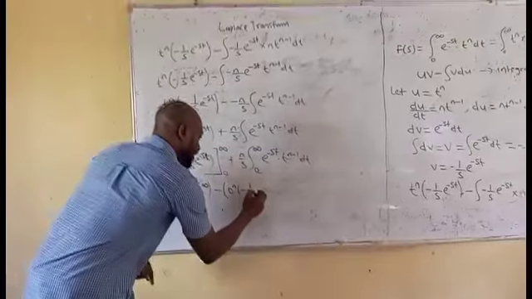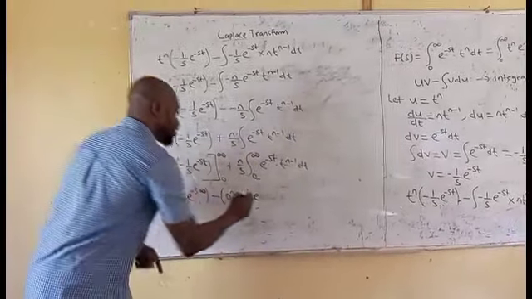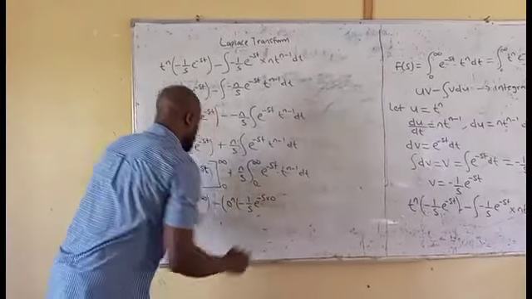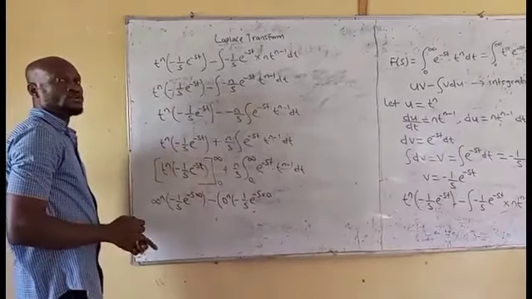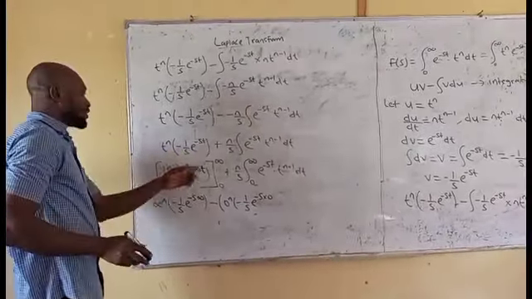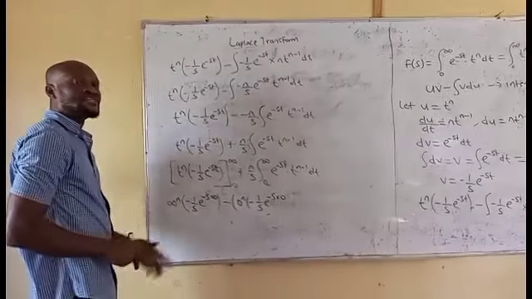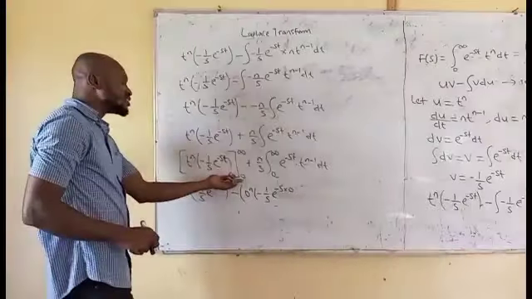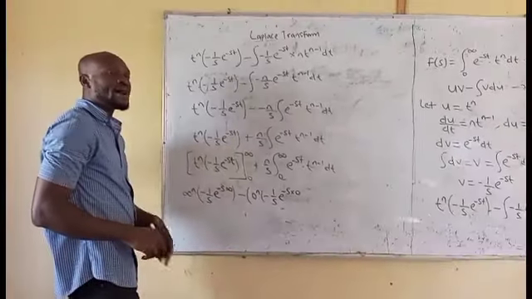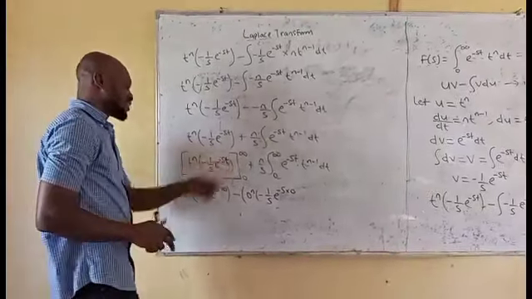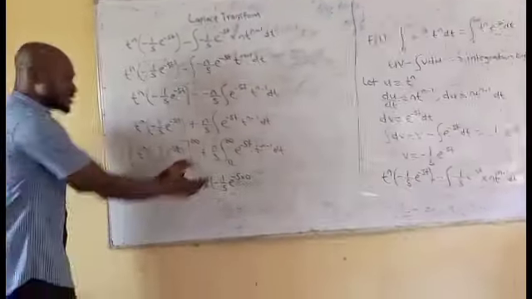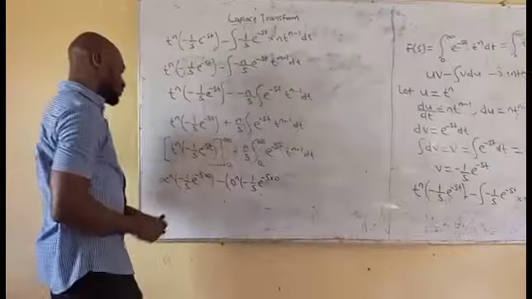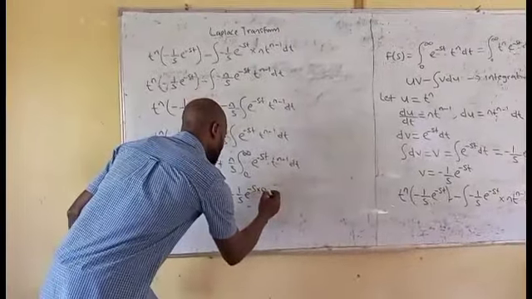Then times this exponential, my exponential raised to the power of minus x times what? 0, because my t is 0. I told you that our limits are 0 and infinity, and these limits between 0 and infinity are values of what? Our t's. So since here is my lower limit, the value of my t here now becomes 0.